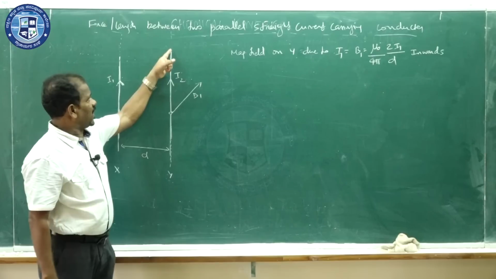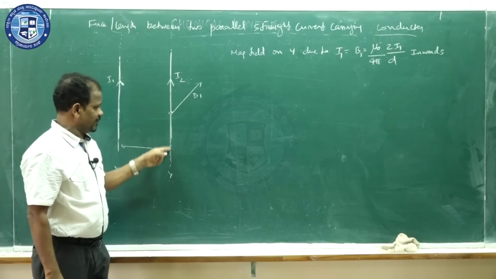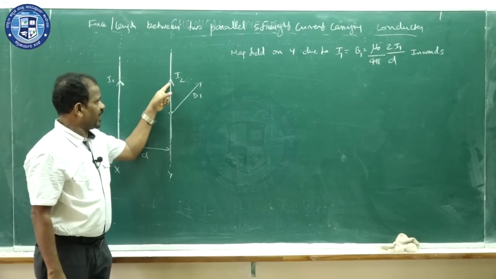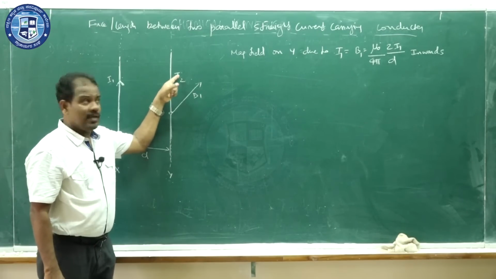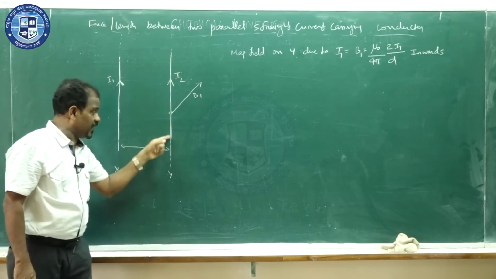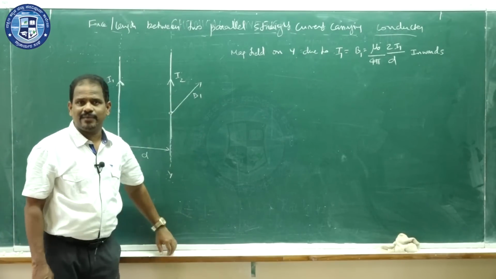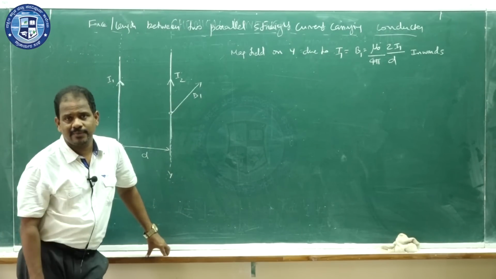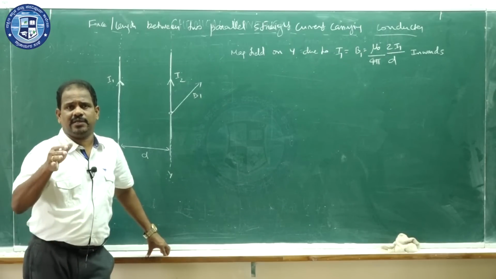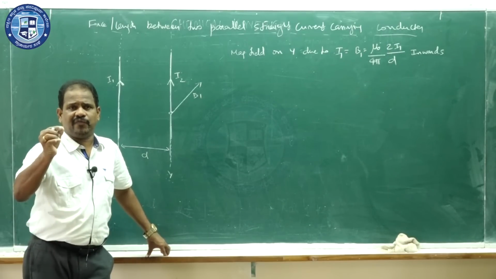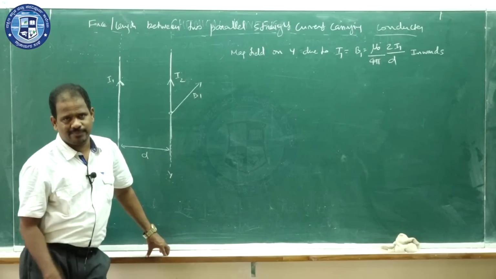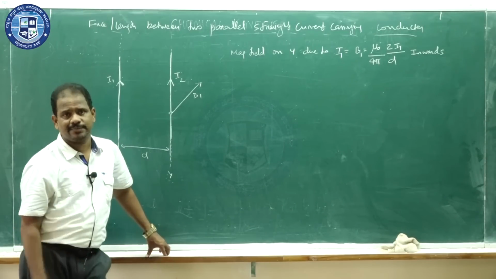Now, this is a current carrying conductor carrying current I2. The place where this conductor is present, there is a magnetic field B1. And we have one theory: a current carrying conductor, when it is kept in a magnetic field, experiences a force. We already studied this in the previous class.